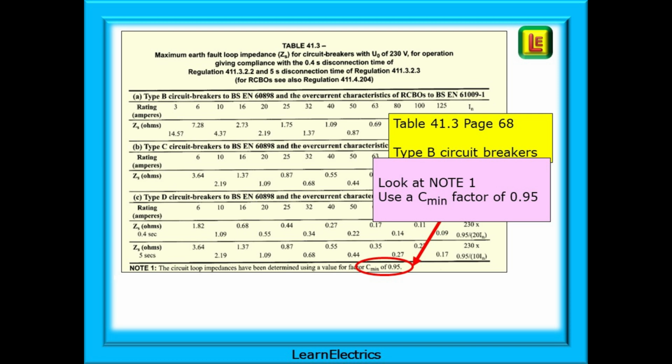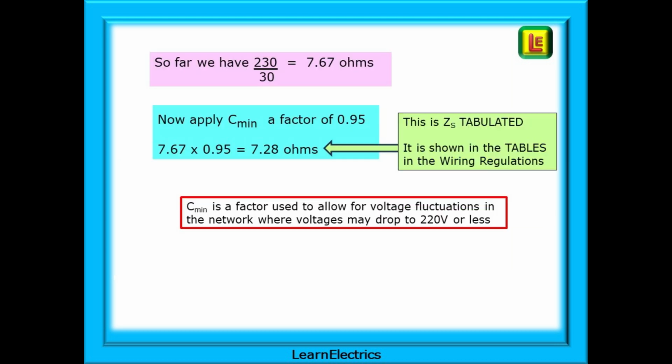It tells us to use a C-min factor of 0.95 on the number that we've just calculated. So far, we've divided 230 by 30 to get 7.67 ohms. Now, we must multiply 7.67 by 0.95 to get another number, 7.28 ohms in this case.